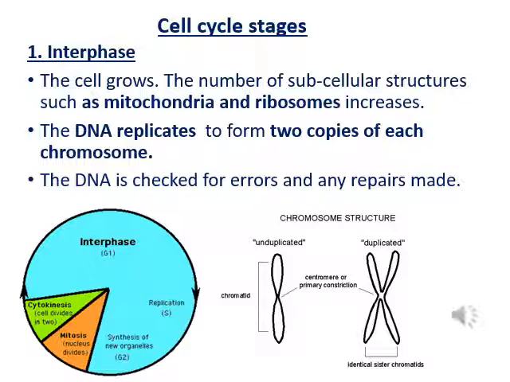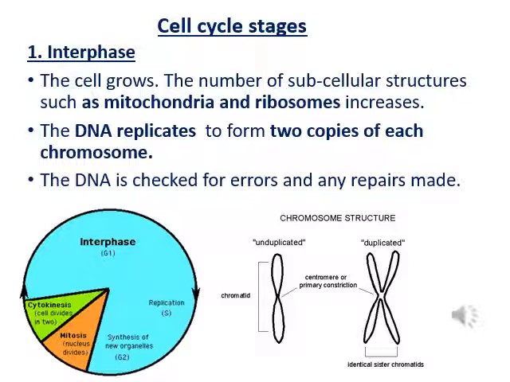So we can see that interphase is where the cell spends most of its time. In interphase, which is the first stage, the cell starts to grow, and the number of subcellular structures, which is just organelles, such as mitochondria and ribosomes, increases. So we have to double all of them, so we can be ready to divide the cell.